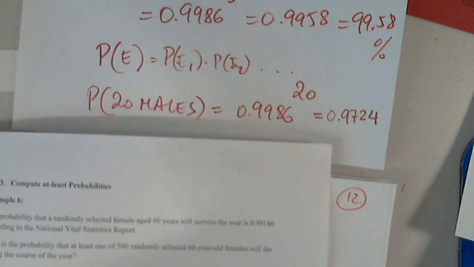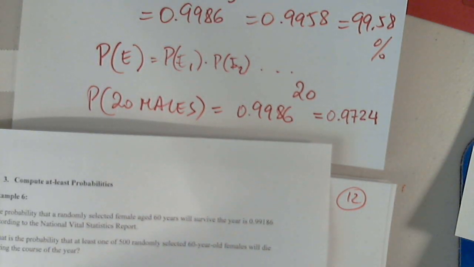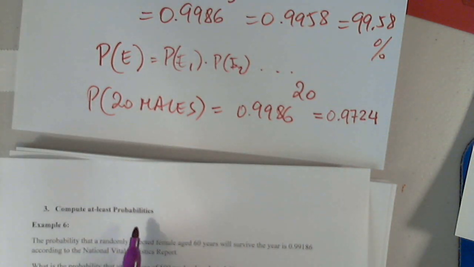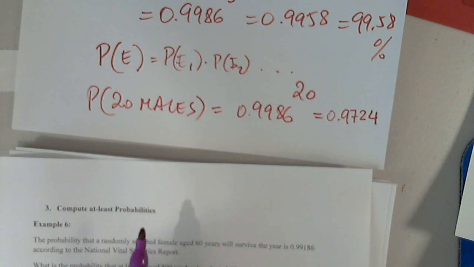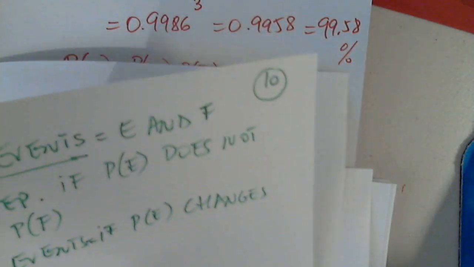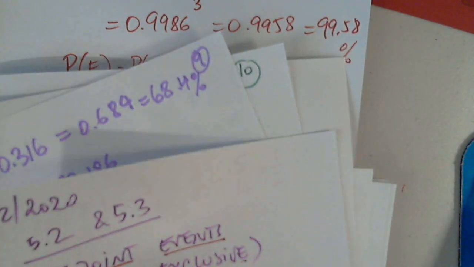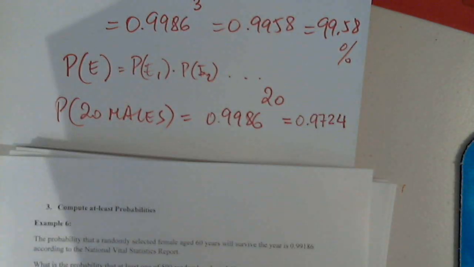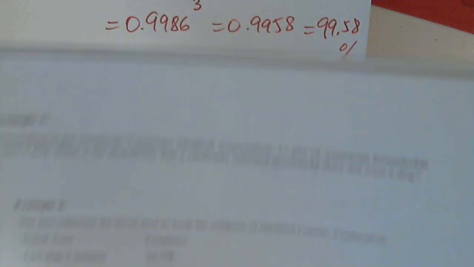So let's look at the last problem here. We're going to encounter this in chapter 6 again, compute at least probabilities. We encountered an example here, but we didn't really apply the whole procedure to this. Sorry, my pages are not in order for some reason.